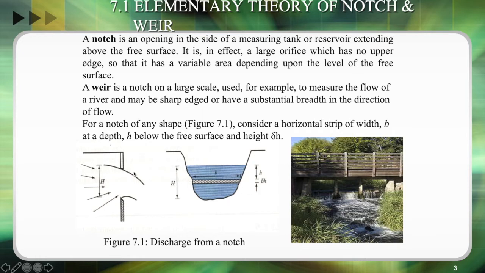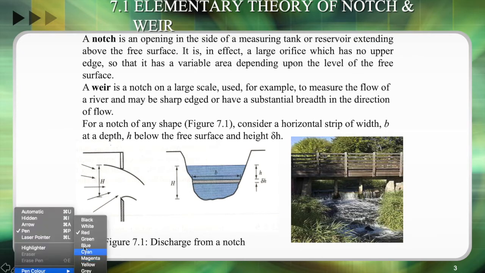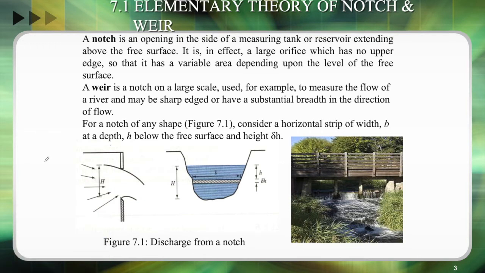So if we have a flow, then we block that flow. This is the free flow stream, and then we block the stream with a notch, and the flow goes over this notch, and at this side we have an opening.